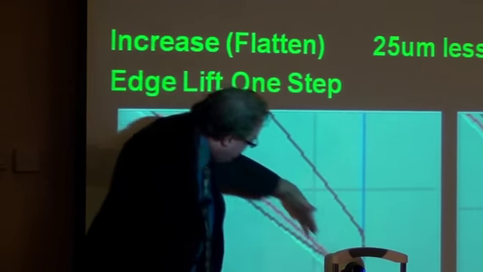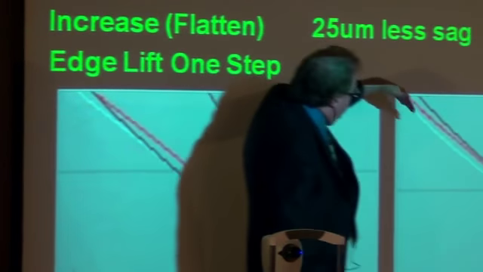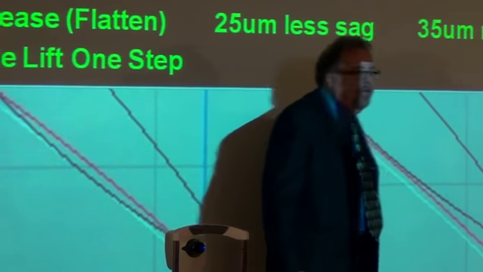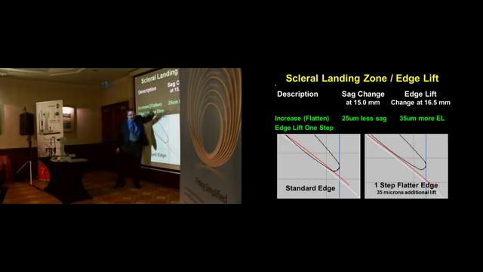Here we see the edge coming down, it's a little snug, and here would be a 1 degree change in the periphery. That is going to drop the contact lens 25 microns. So you can imagine if you're tight in the periphery, like this, and you go to a flatter radius out there, it's going to drop the contact lens.